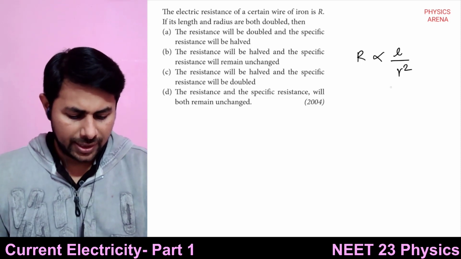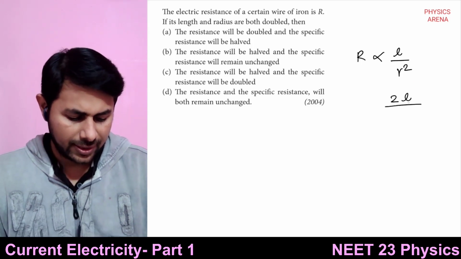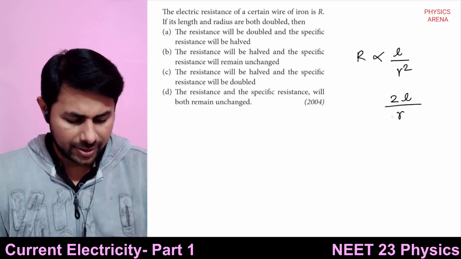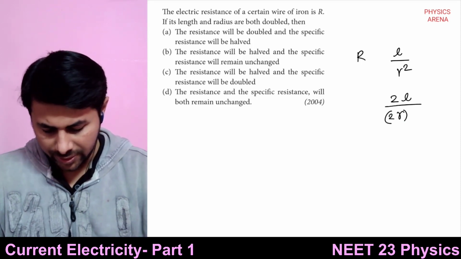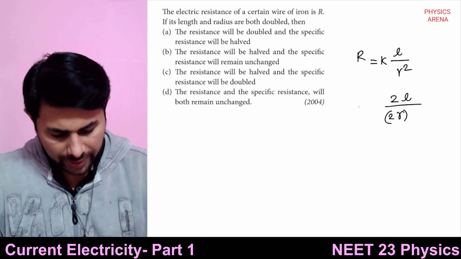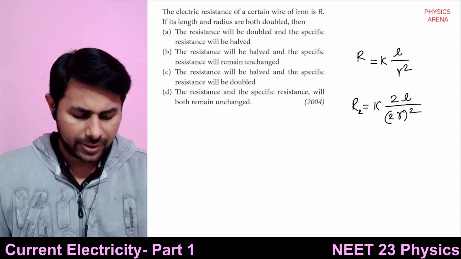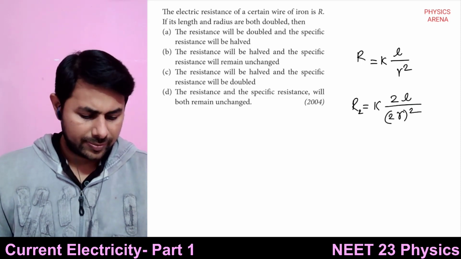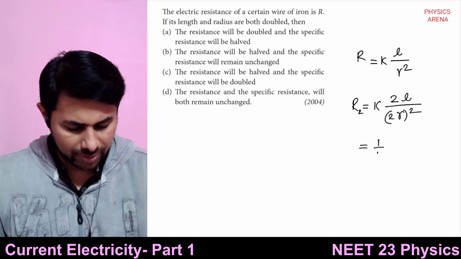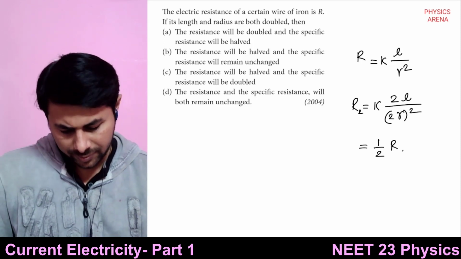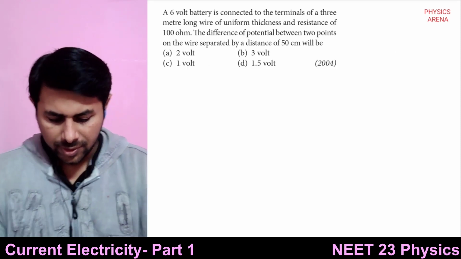Length is made twice L, radius is made twice r. R2 will be equal to that constant multiplied by 2L divided by 2r square, so that is 2 divided by 4, or 1 by 2. It will become half of R. So it's option B. Let's see next question.